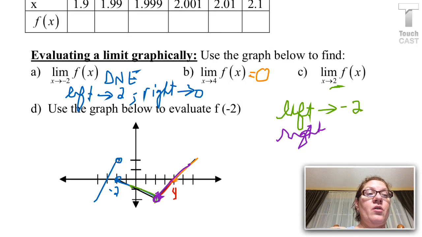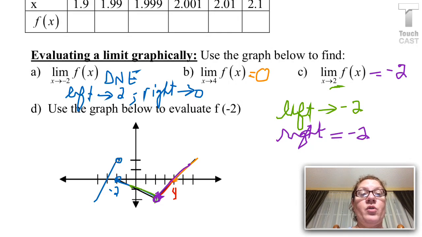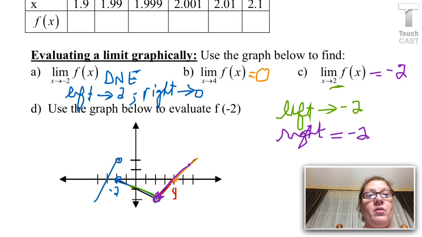And so even though it's not defined there, I am getting closer and closer to -2. So the y value is approaching -2 from both the left and right sides of x equals 2. So the limit is -2.